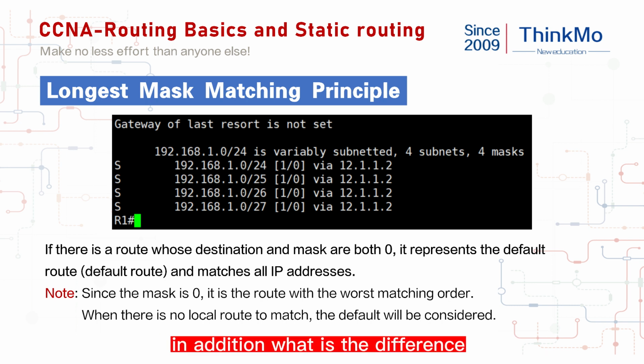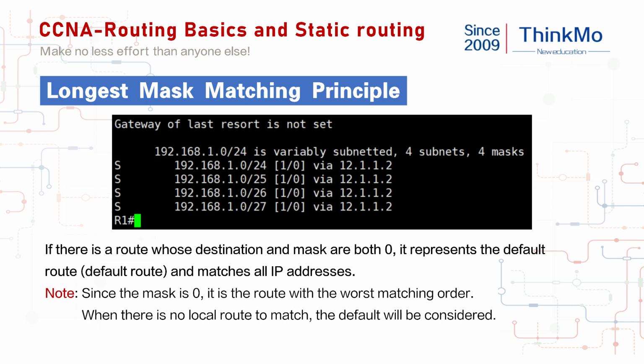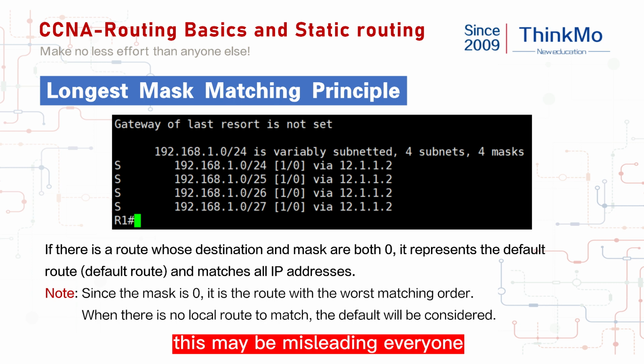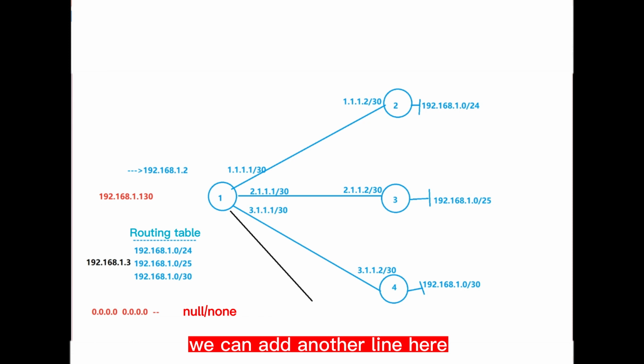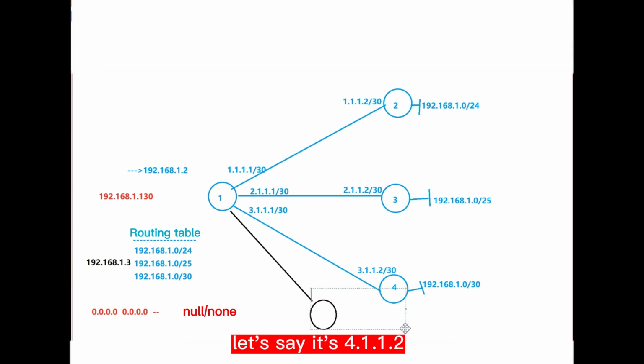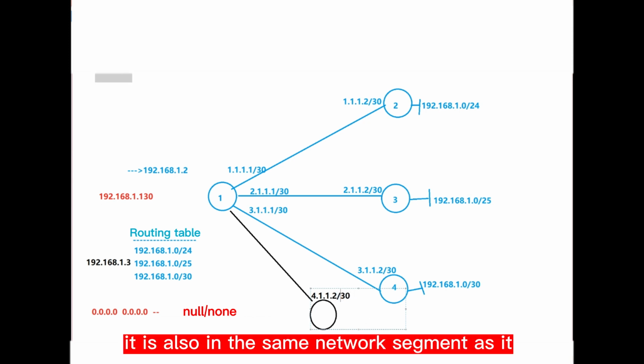In addition, what is the difference between the default route and a null route? This may be misleading everyone. Logically speaking, we can add another line here. Add a device here, let's say it's 4.1.1.2, with a 30-bit mask. It is also in the same network segment as it.